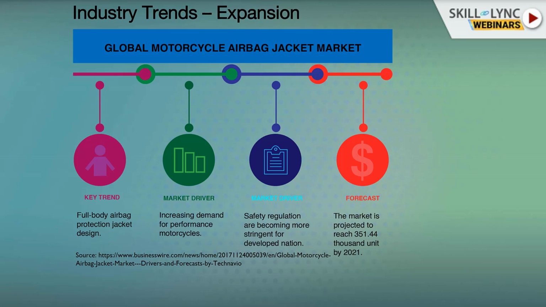It is being driven by performance-related motor vehicles. Performance-based motorcycles are being paired with safety features of full body airbag protection. Most of these motorcycle airbags will be reusable, but they are still in development, and you have scope there also.